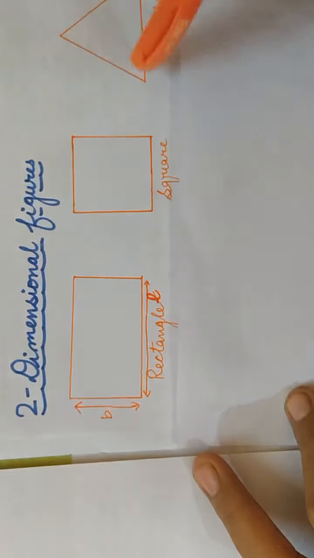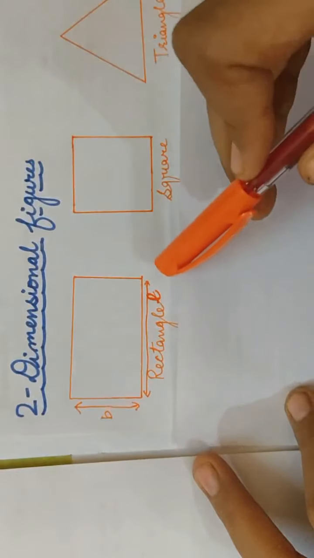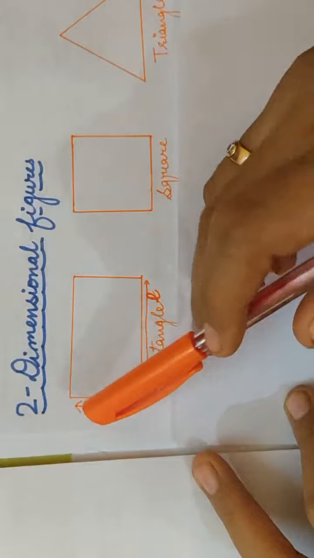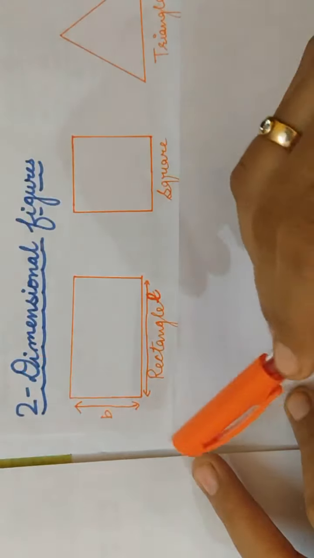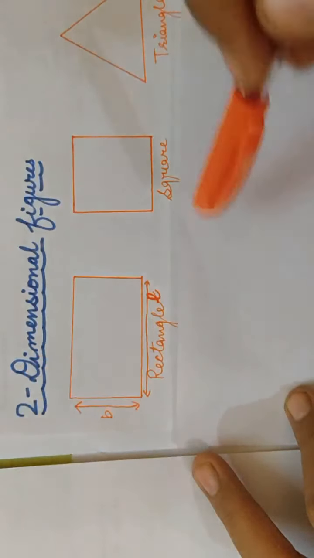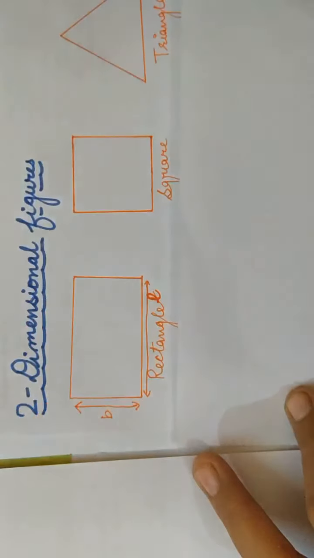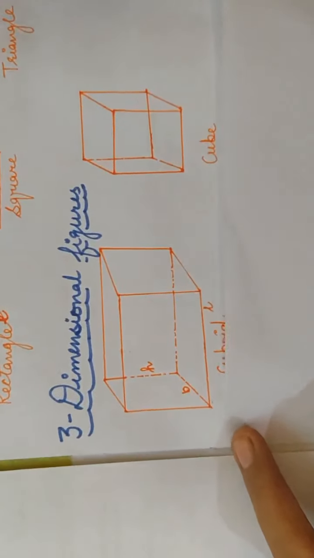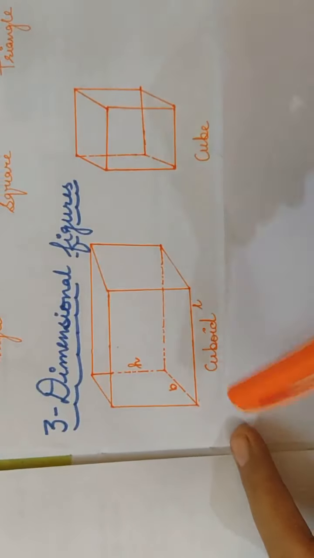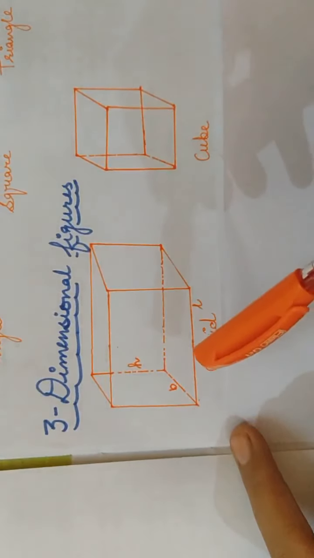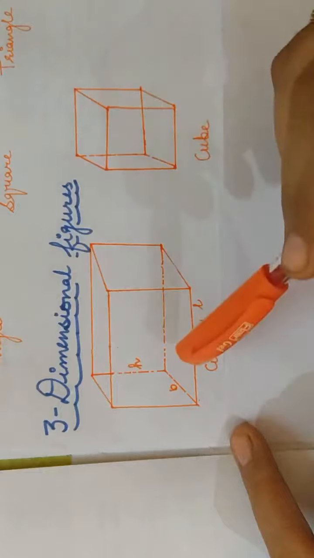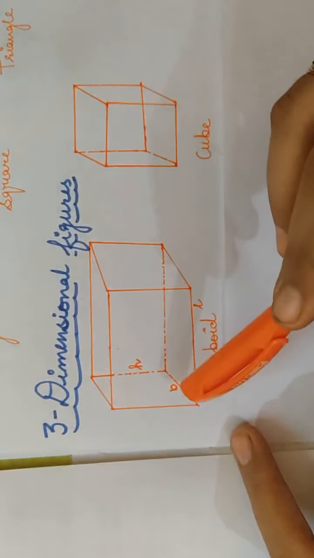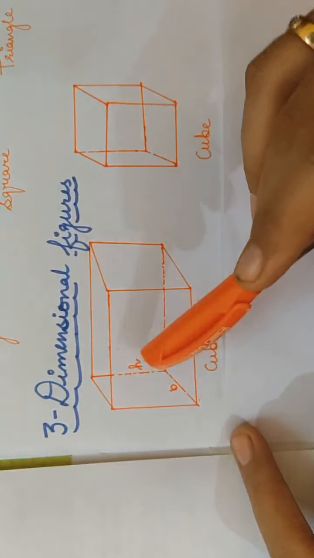These are called two-dimensional figures as they have two dimensions, length and breadth, and such figures can be drawn on a plain page. But when we talk about three-dimensional figures like cube and cuboid, these figures have three dimensions: length, breadth and height.